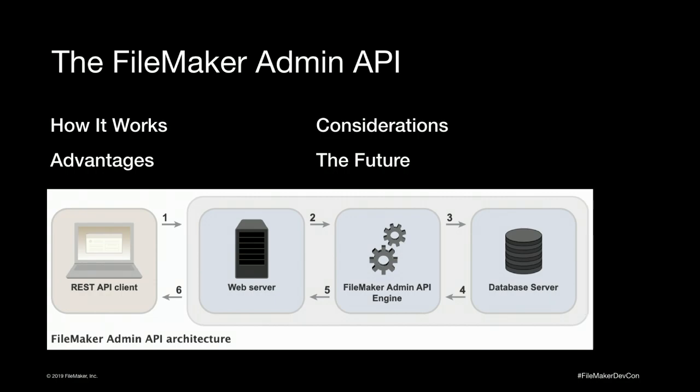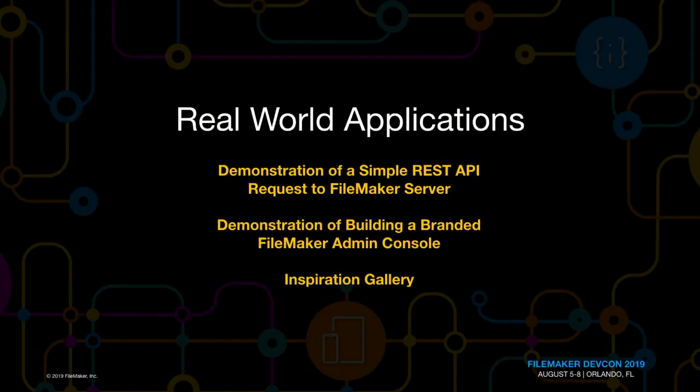So next, what I want to talk about are those real-world applications. In this section, which is pretty much going to take us through the end, I'm going to get into, well, actually, I already did that first demo, didn't I? Demonstration of a simple REST API request to FileMaker server. But I'm going to show you it from FileMaker instead, from a FileMaker file that we use.